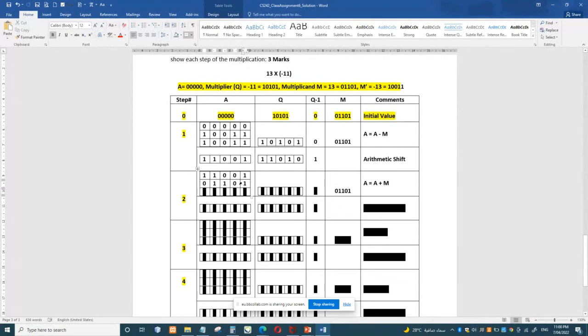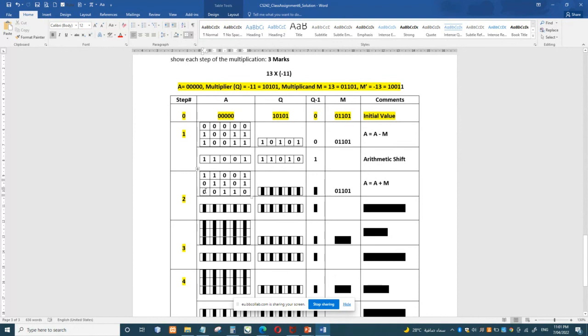Then this is our final value after adding a plus m. 1 plus 1 is 0, carry is 1. 1 plus 0 is 1. 1 plus 0 is 1. 1 plus 1 is 0, carry is 1, so that 1 and this 1 make 10, which means 0, and the carry is 1, which will be discarded.